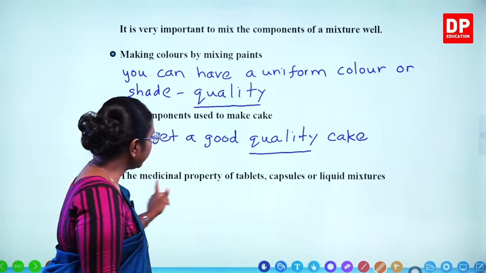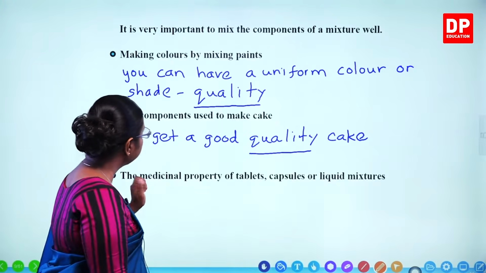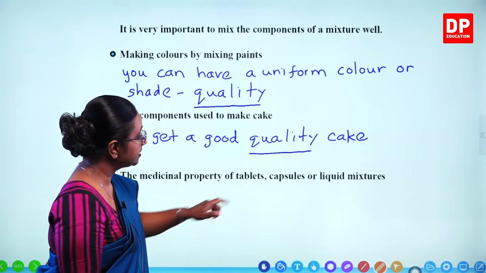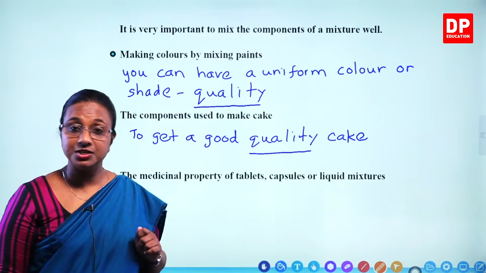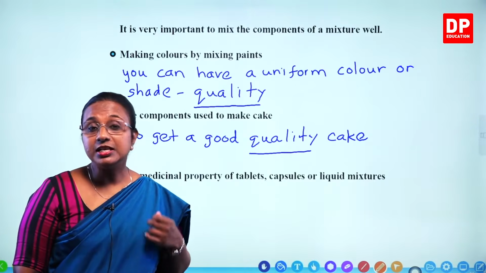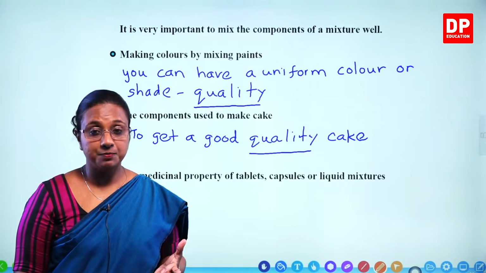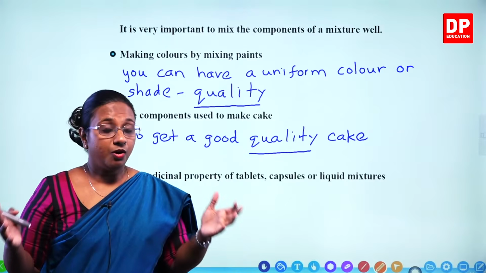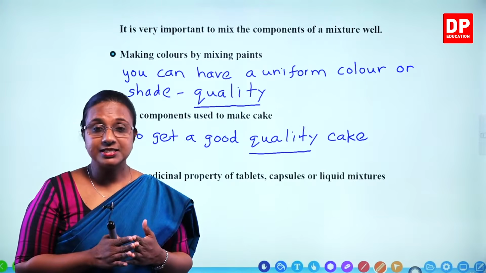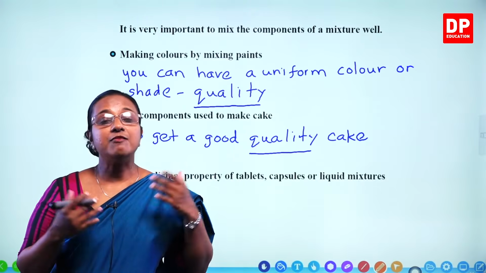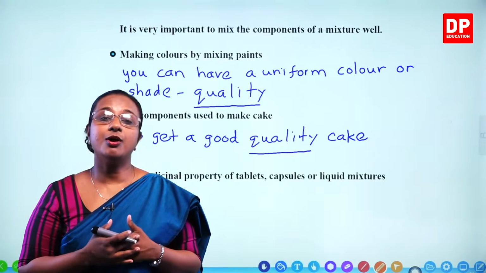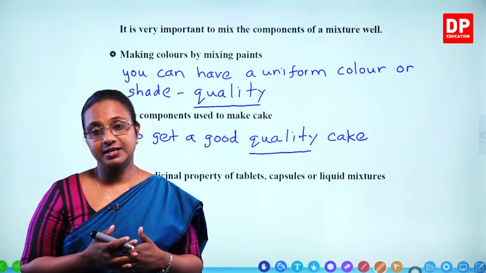Then we have the next example. The medicinal property of tablets, capsules or liquid mixtures. Here not only the quality, the quantity is very, very important. All of you all are familiar with medicines. So if you have a headache or a pain in your leg, you need to take a tablet.